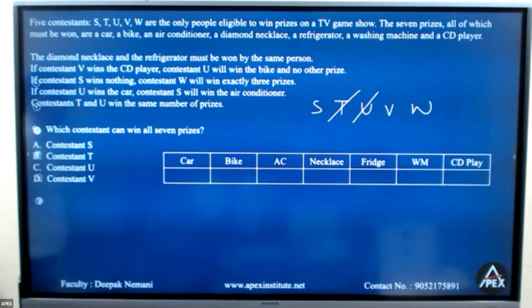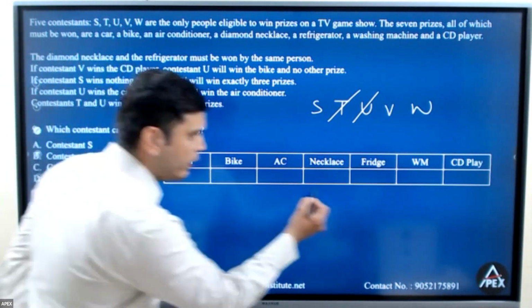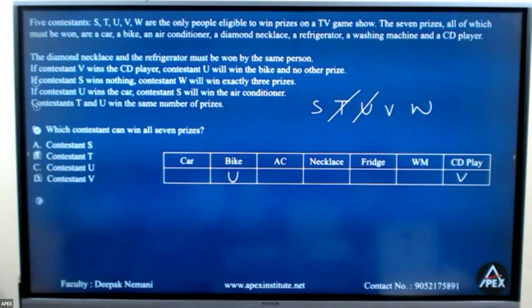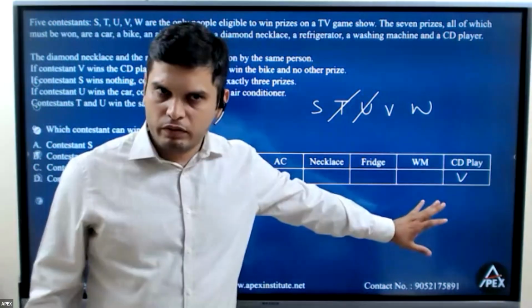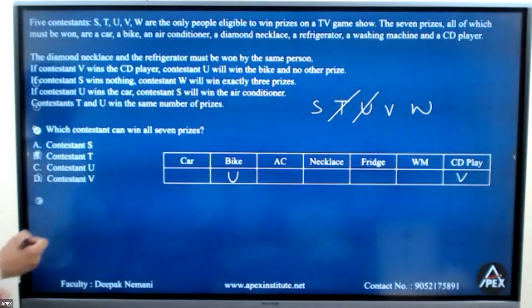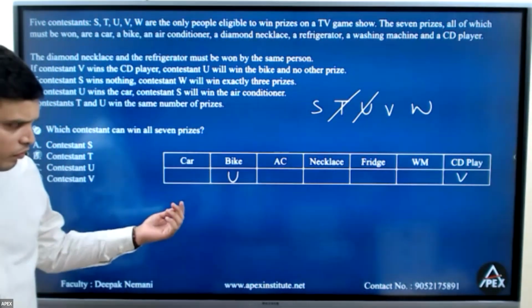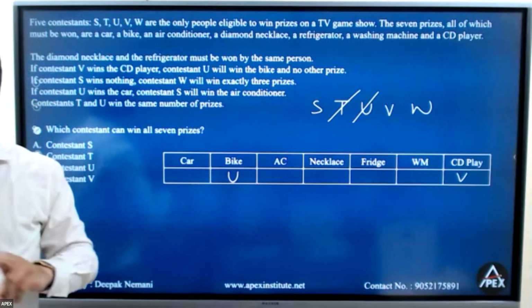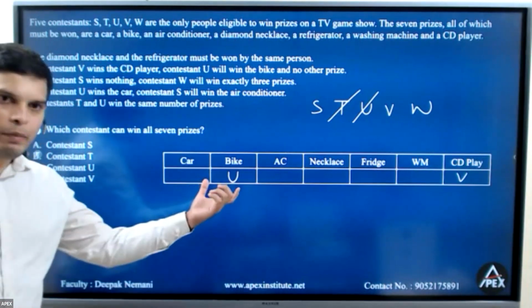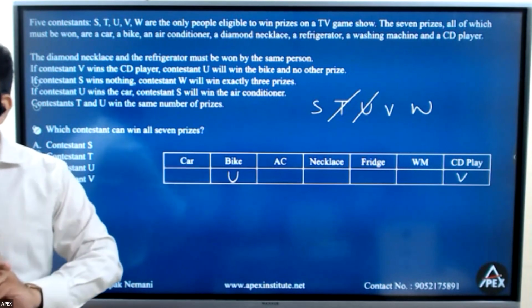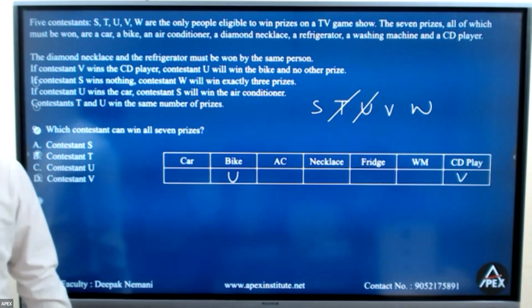No. If contestant V wins the CD player, then U will win the bike and no other prize. So V cannot win all the 7 prizes. V can win at most 5 prizes. U and T should win an equal number of prizes. We are sure that U will be winning 1 prize, so T can also win 1 prize. So 2 prizes are gone out of 7, and I can say that V can win at most 5 prizes.